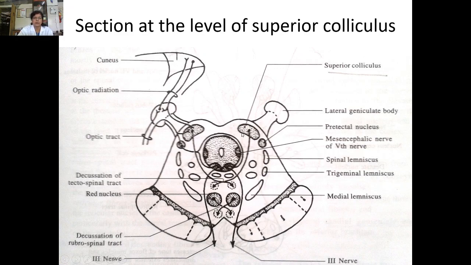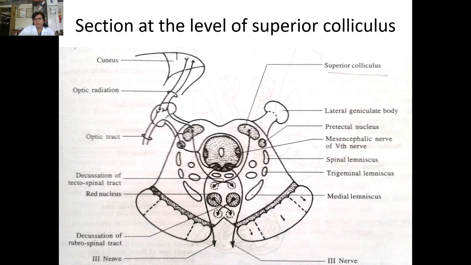So first we will see about this superior colliculus. Situation of the superior colliculus: it is situated at the upper level of midbrain in the tectum. In lower animals or submammalian vertebrates, this superior colliculus is homologous with the optic lobe of midbrain.